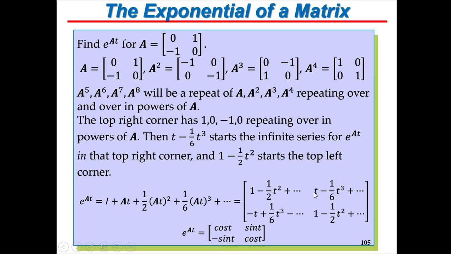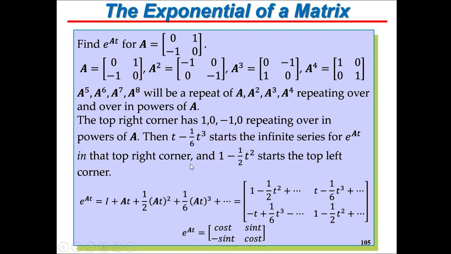So if you do this algebra for these 4 terms, you will immediately see what you get is the expansion of cosine t for the 1,1 term, an expansion for sine t for this term, minus sine t and cosine t for this term.